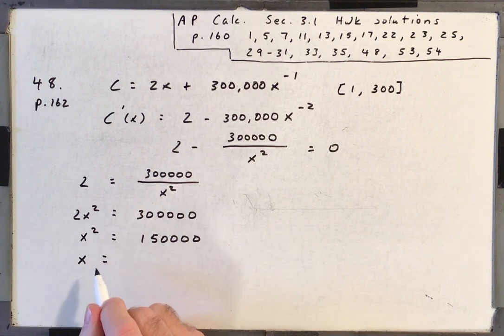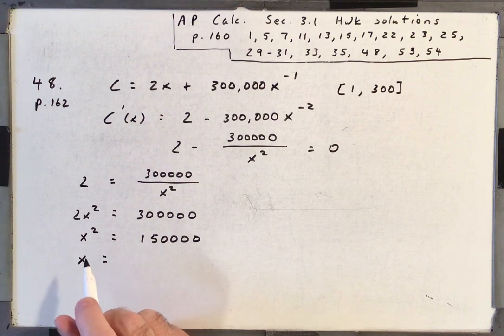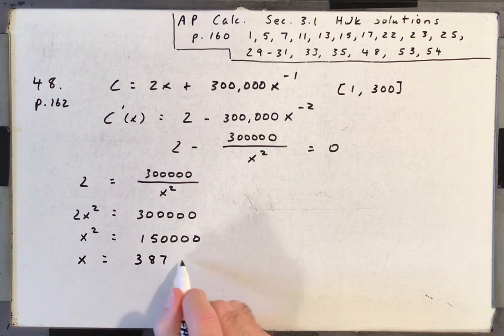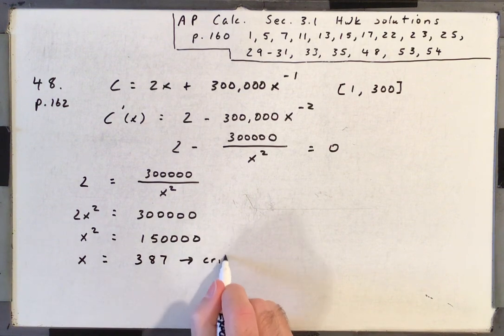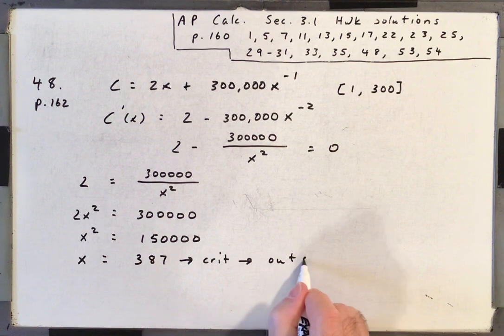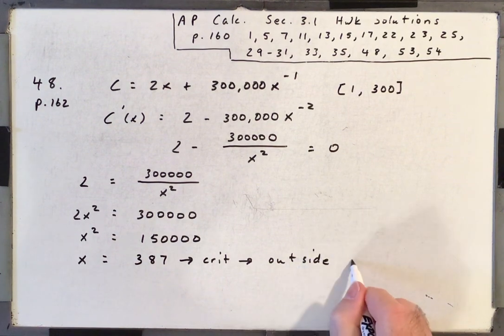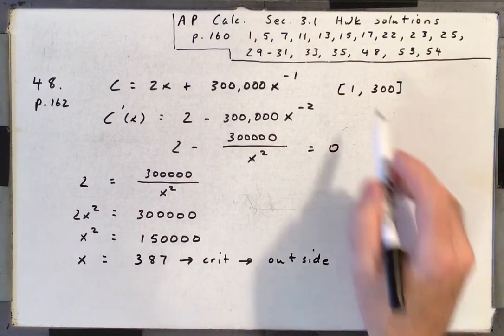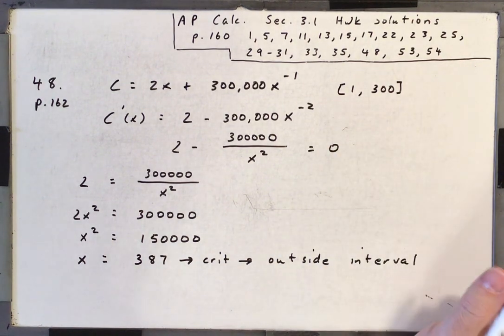So take the square root of 150,000 and just rounding, that's 387. That's our critical point, which is outside the interval. So I don't have to look at it. So it's not between 1 and 300.